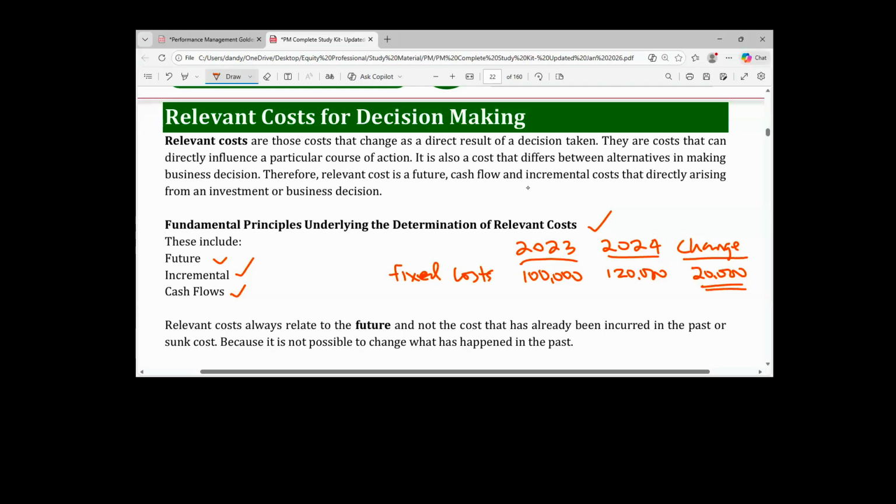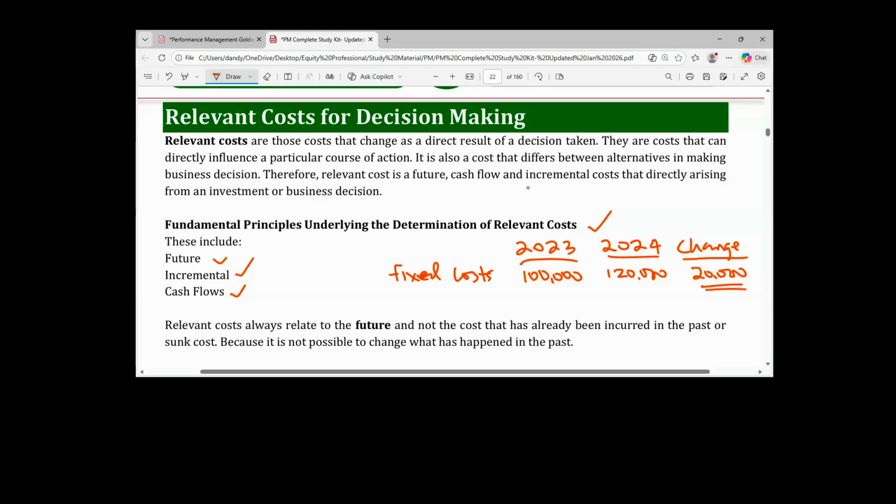And that's why we said that incremental costs are costs that change between alternatives as a result of the decision taken. They represent the increase or decrease in cost item as a result of the decision taken. So that is simply what incremental cost is all about. So anytime you have incremental cost in a question, they are relevant costs and must be considered.